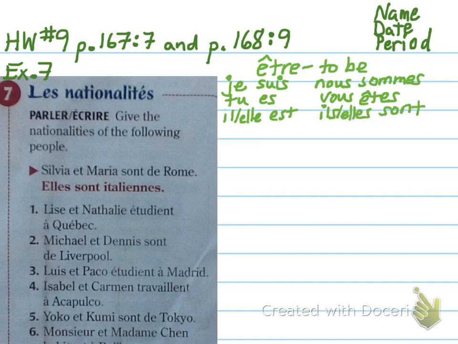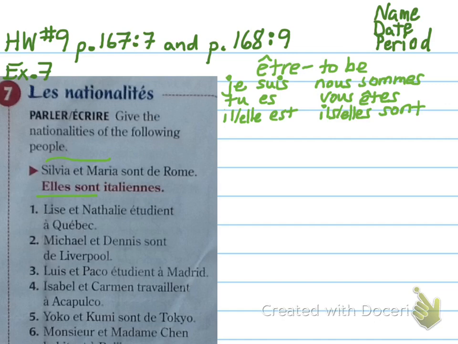So the reason this one uses elles sont is because we're talking about Sylvia and Maria, which are two girls, and it's more than one. And then Rome is in Italy, so it's Italien.